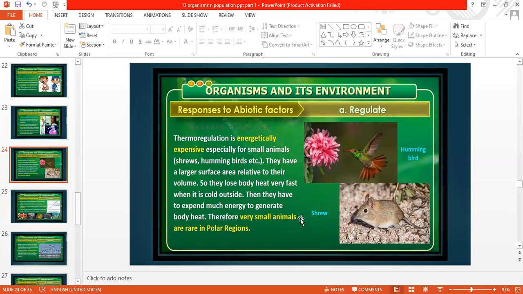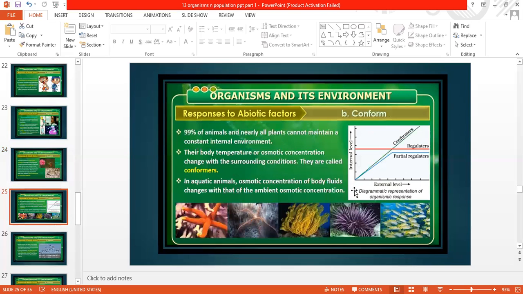Now, if you see this graph, you can see one more line which shows partial regulators. What are partial regulators?